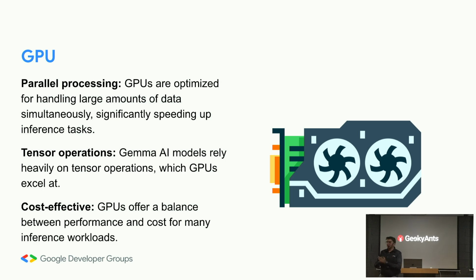So in terms of AI systems, you can read these three bullet points, but the overall idea is that you need a lot of computational power, and that too in a parallel mode.